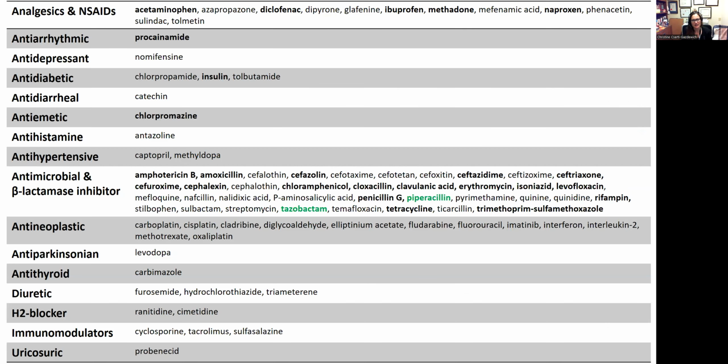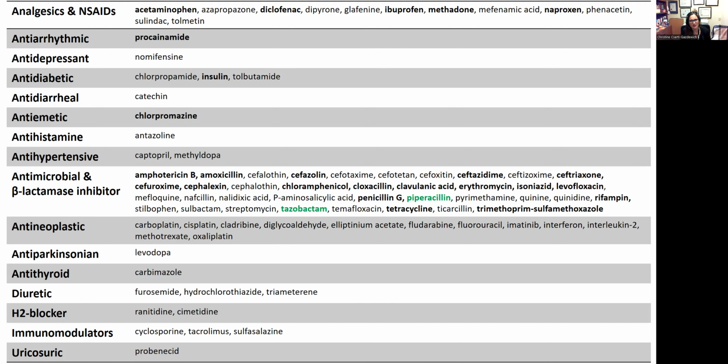So this is a list of drugs that can cause drug-induced immune hemolytic anemia. You can see pip-tazo in green because we use a hell of a lot of it. So somebody who is starting to hemolyze a few days or a couple of weeks after starting a new drug could actually have drug-induced immune hemolytic anemia.